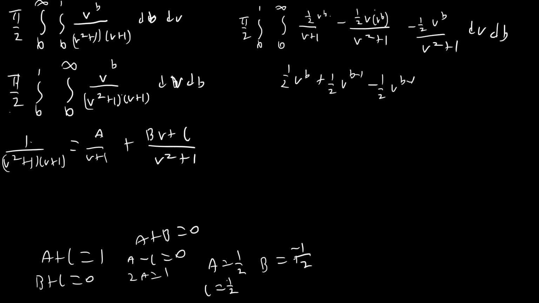So this is going to just cancel, and it's going to become 1/2, all of this over v plus 1. We're just going to end up with 1/2 v^b minus 1/2 v^(b−1), all over v plus 1.